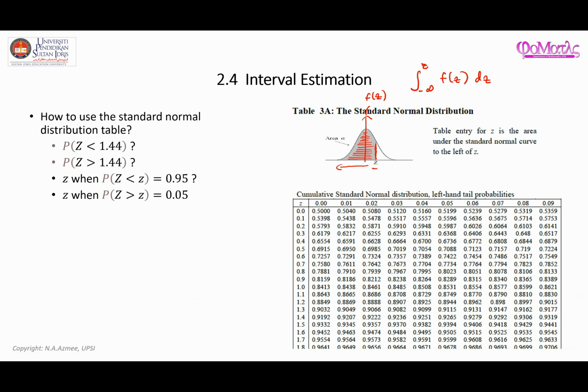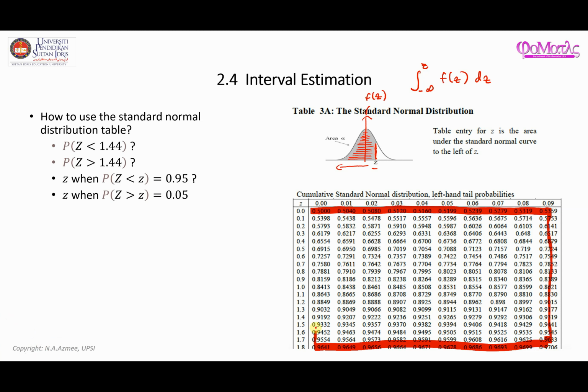And again, in statistics, the area under the curve is the same thing as probability. So this area or probability is given inside this table. I'm going to highlight that area. So this is the area inside the table.